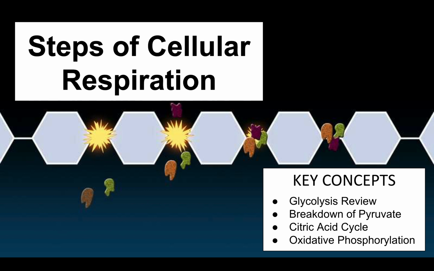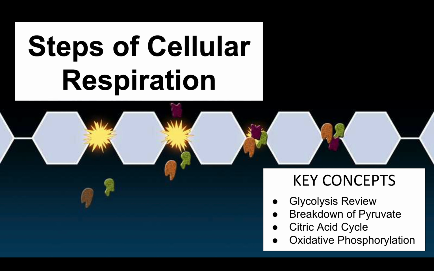In cleavage, we're breaking fructose 1,6-bisphosphate, right? We're cleaving it apart, hence the name, into molecules of G3P, glyceraldehyde 3-phosphate. So now we have 2 glyceraldehyde 3-phosphates.